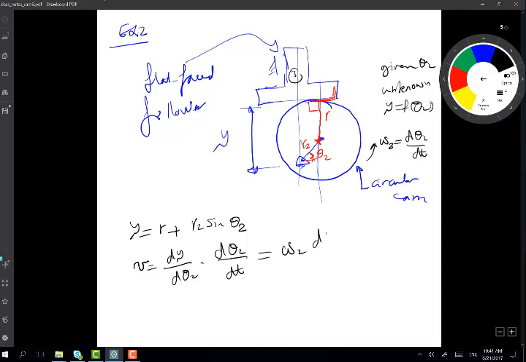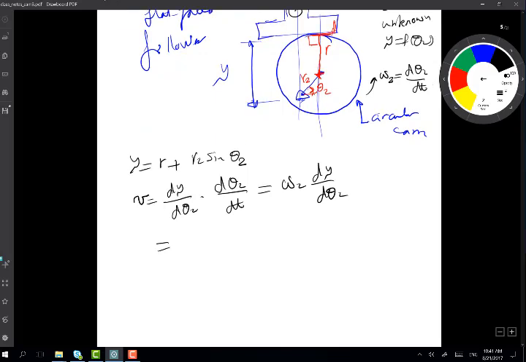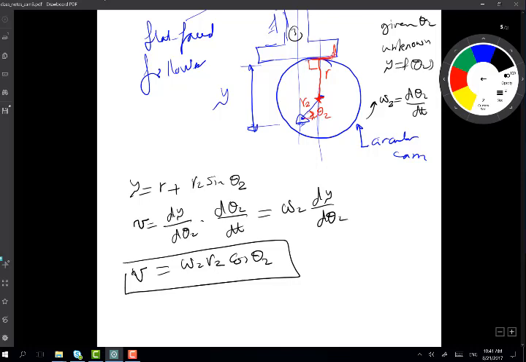Times dy d theta 2, and that's omega 2 r2 cosine theta 2. So it gives you the velocity of the follower. And you can tell from this equation that the follower velocity is like a cosine function. Again, it's theta 2, and you can plot it without a problem and be able to tell when this is big, right?